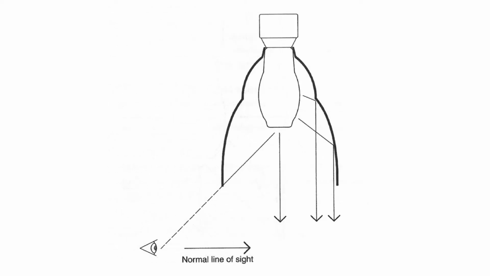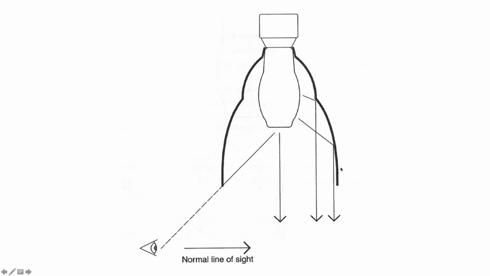Now, the fixture itself, the luminaire, can be designed to throw light in a particular direction and shield at the same time. This is an older style fixture. It looks like a metal halide lamp to me. And you'll notice the shape of the light fixture. It has these reflectors.